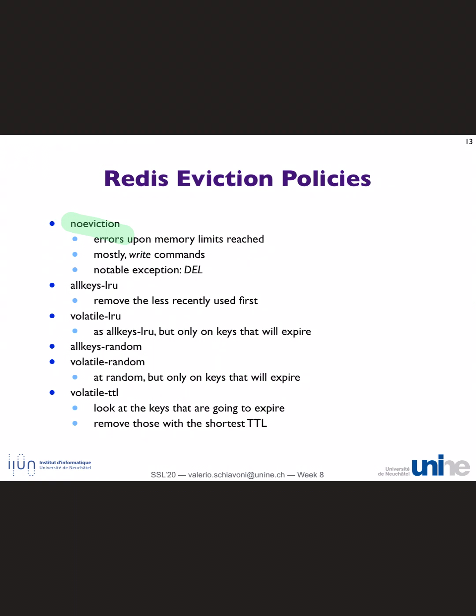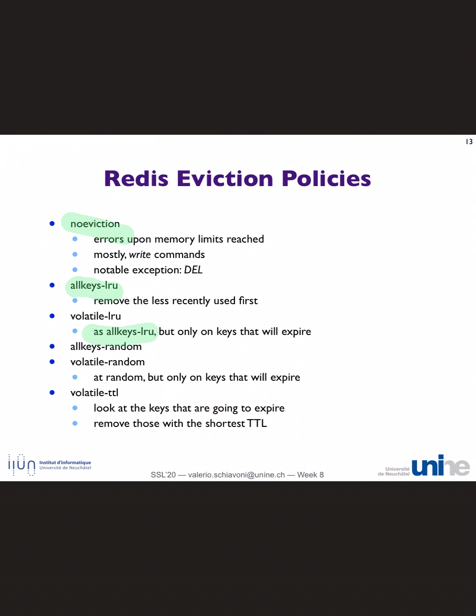The next cache eviction policy is called all keys LRU, and what it does is that when this limit is reached, Redis decides to remove the least recently used keys first from the cache. The next variant is somehow similar.